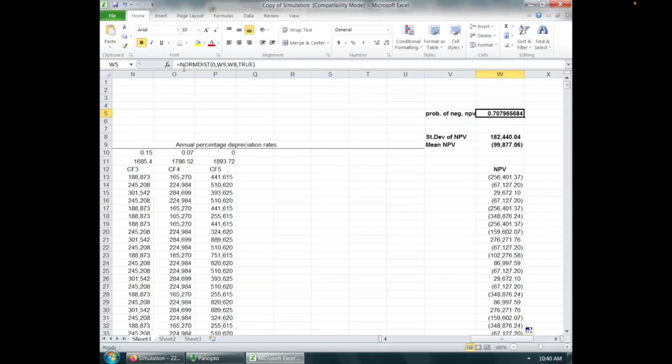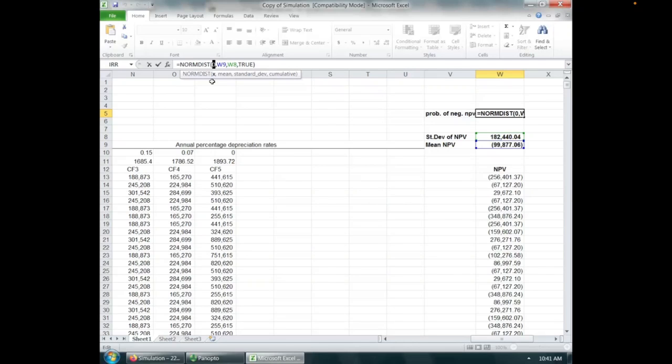So using the function normDist, normal distribution, here we're making a probably strong assumption that these NPVs are normally distributed, but let's go with that. So normDist, then you specify the cutoff value x, which is 0. Why 0?